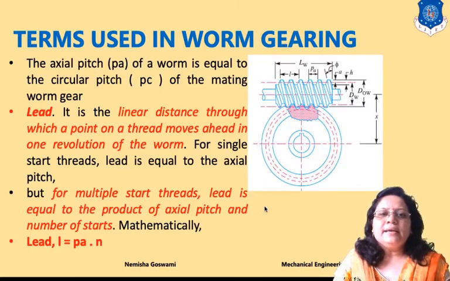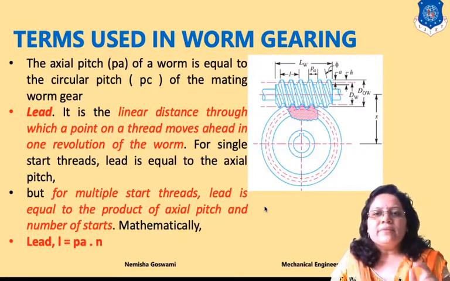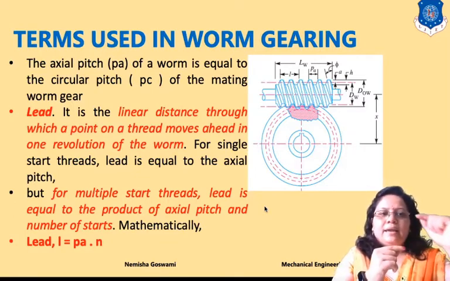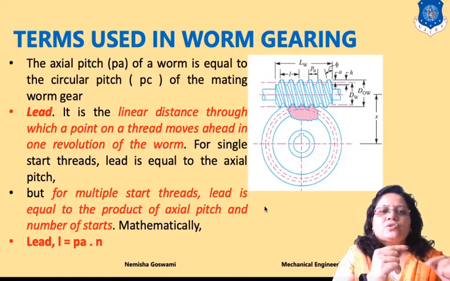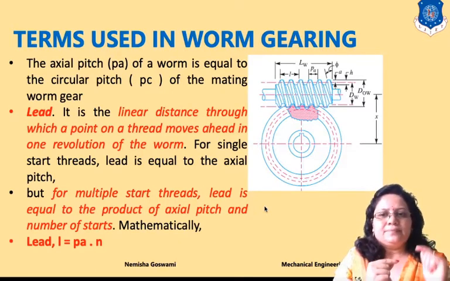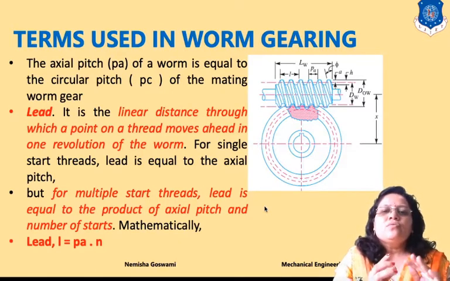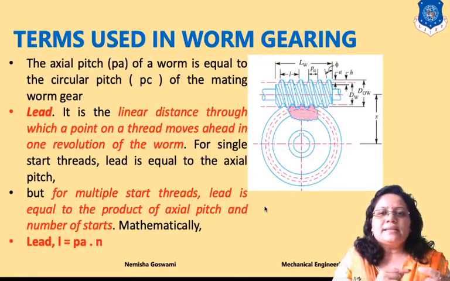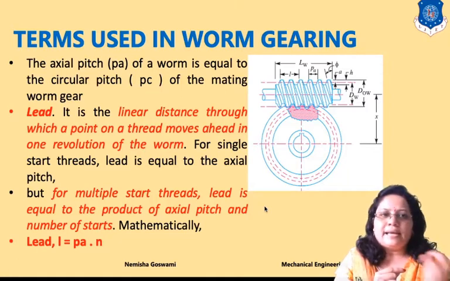The second point is lead. What is the lead? It is the linear distance through which a point on a thread moves ahead in one revolution of the worm. If the worm takes one revolution, this is known as lead. For a single start, for a single revolution, lead is equal to the axial pitch.